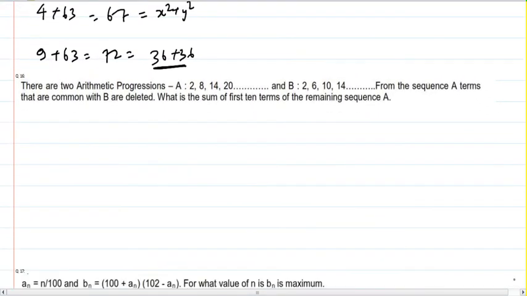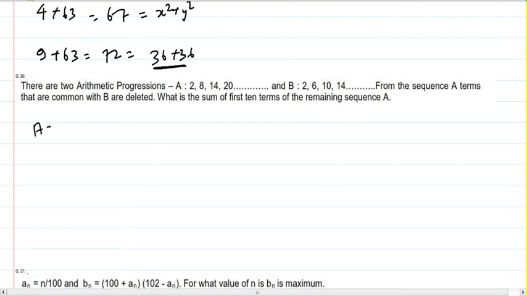What does the next problem say? There are two arithmetic progressions, 2, 8, 14, 20 and so on and so forth. And then 2, 6, 10, 14 and so on and so forth. From the sequence A, terms that are common with B are deleted. What is the sum of first 10 terms of the remaining sequence A?